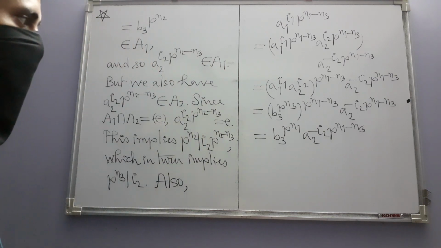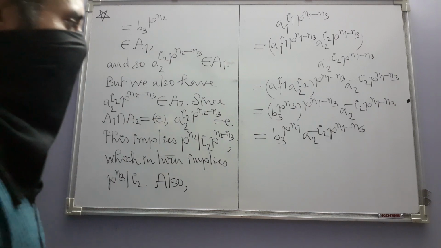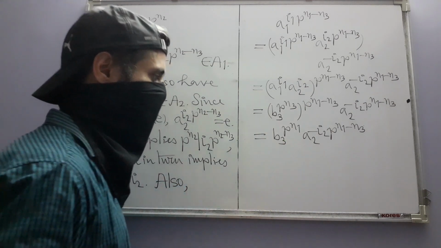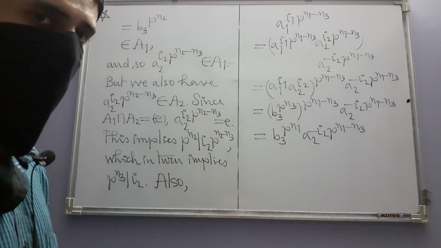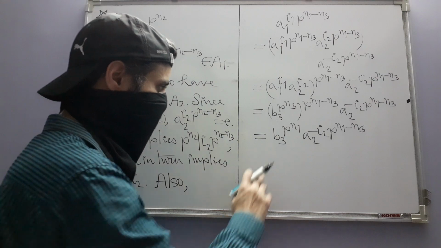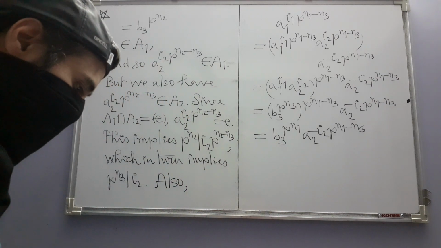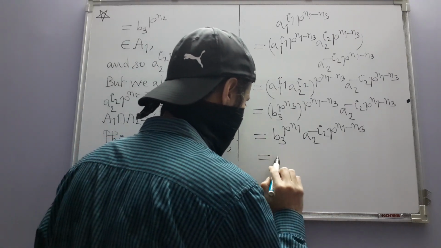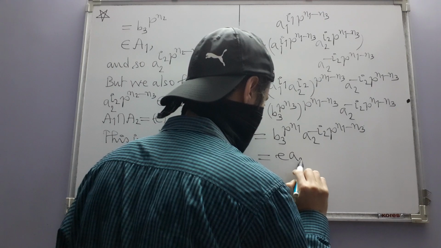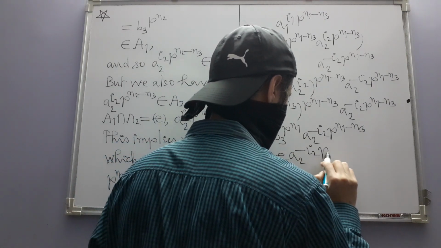That's because b3 after all is an element of capital G, and if you remember, p to the power n1 is the largest maximal power of elements of G, and that is why this will become identity. Is that what I did? Yes. So let's just write one more line just to emphasize the fact that this becomes identity.